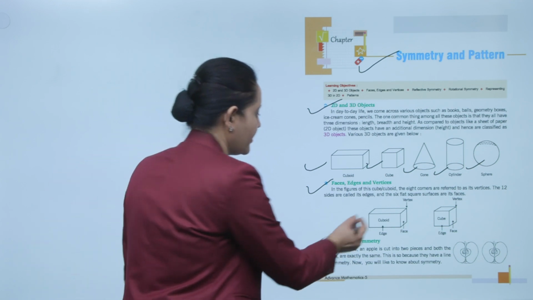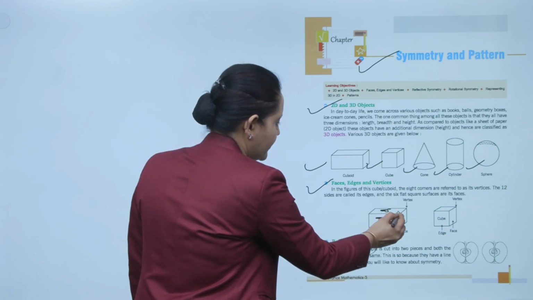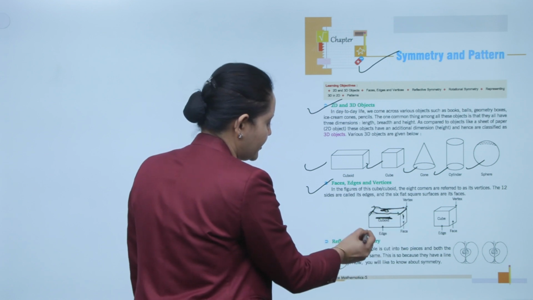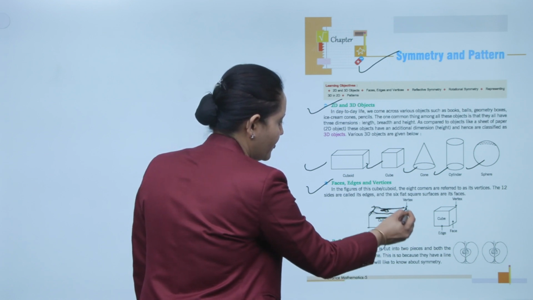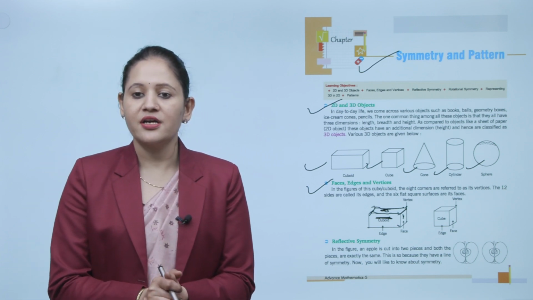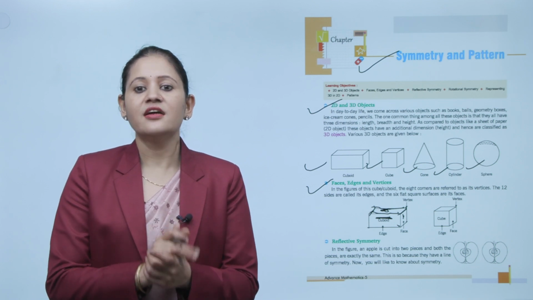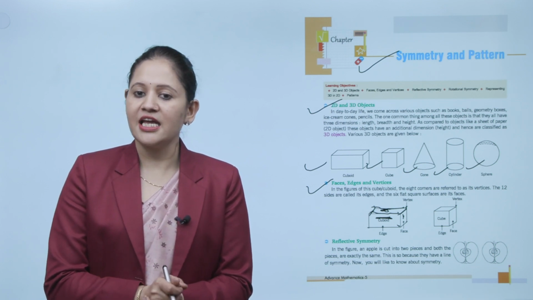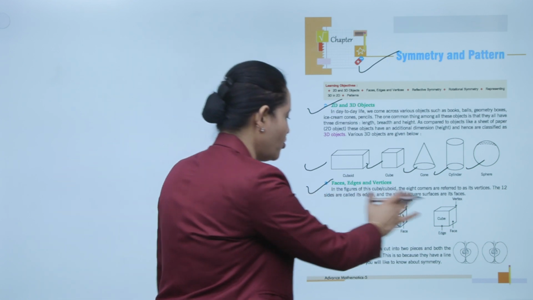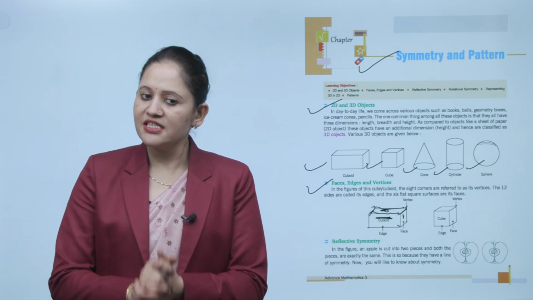So these are the faces, these are edges, and these points, they are the vertices. So in cube and cuboid, there are 12 sides and 6 faces and 8 vertices. Clear? So both in cube and cuboid, the number of sides, faces and vertices are the same.